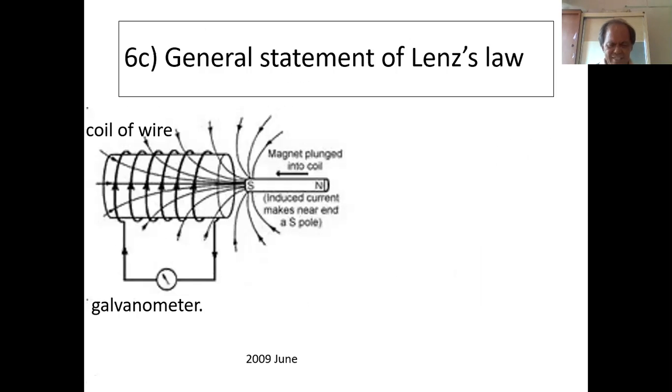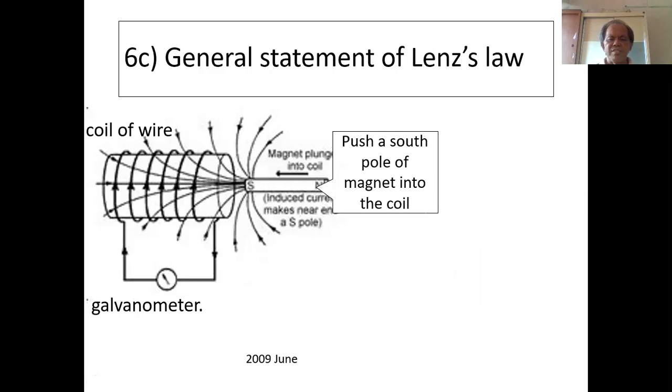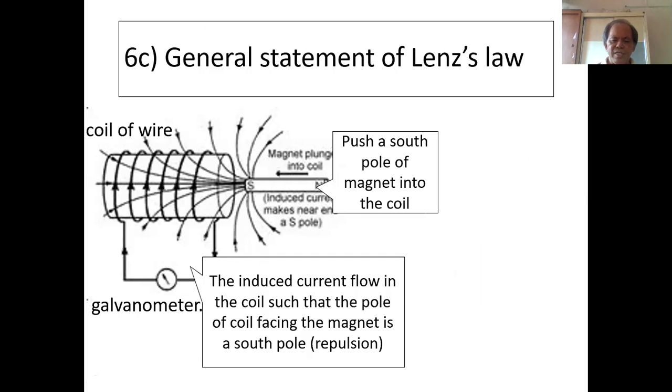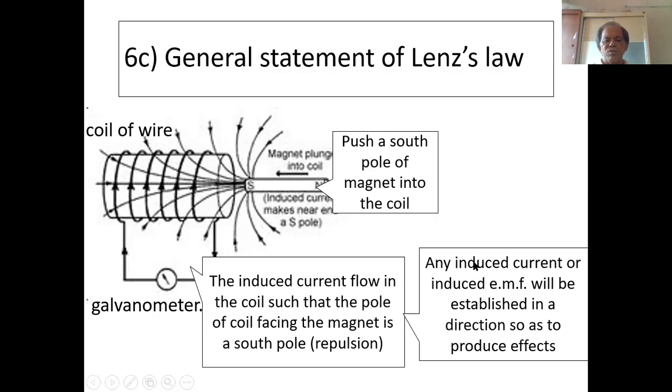Okay, so for a general statement: push a south pole of a magnet into the coil, you get induced current flowing in such a direction that the pole of the coil facing the magnet is a south pole. Current flows so that this is a south pole. So how do we write it?